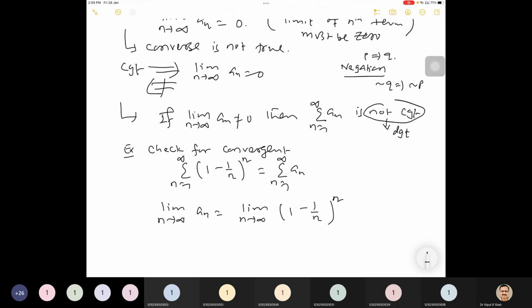This is a direct limit. Do you know from 11th, 12th standard? It is a standard formula: limit n tends to infinity 1 plus 1 upon n power n equal to e. This is a standard result of limit.